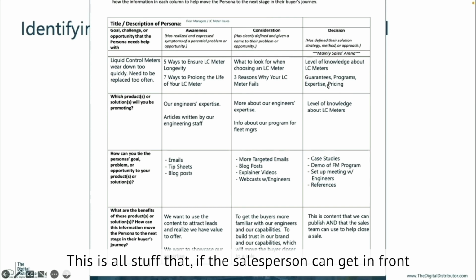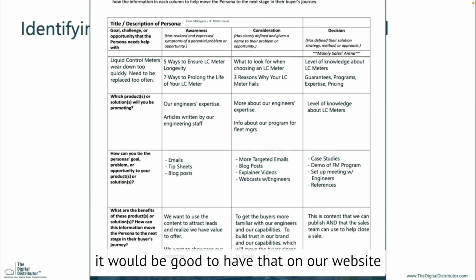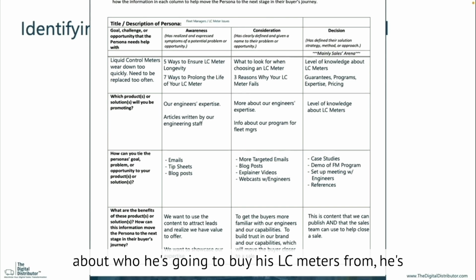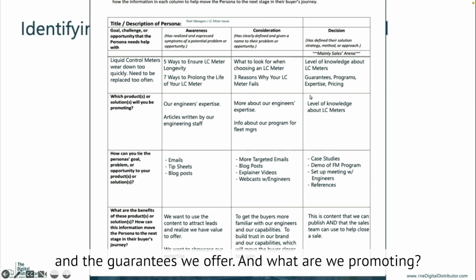This is all stuff that if the salesperson can get in front of the buyer, he's going to talk about that. If he can't, though, it would be good to have that on our website. So if the buyer's looking to make a decision about who he's going to buy his LC meters from, he's going to read about the level of knowledge and the guarantees we offer.